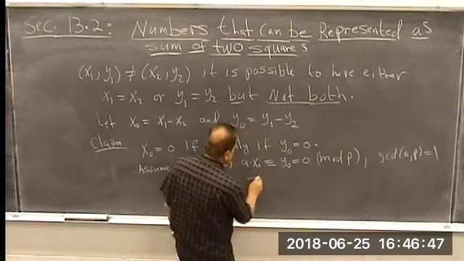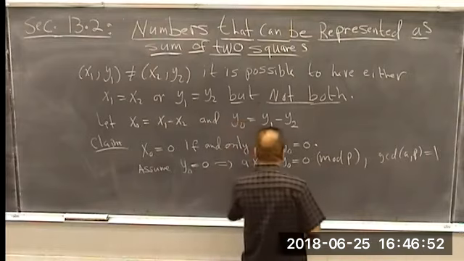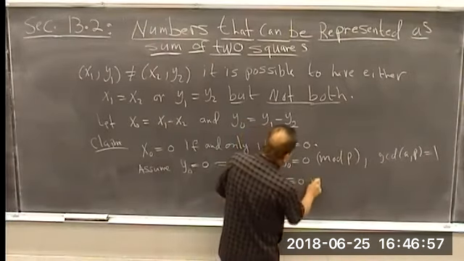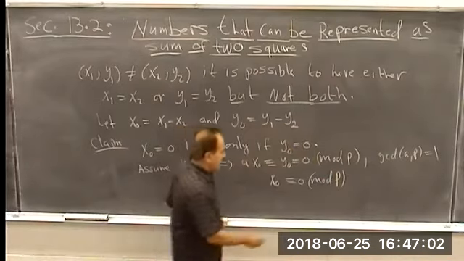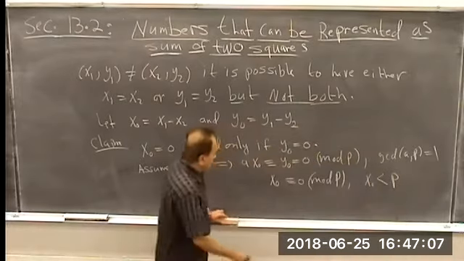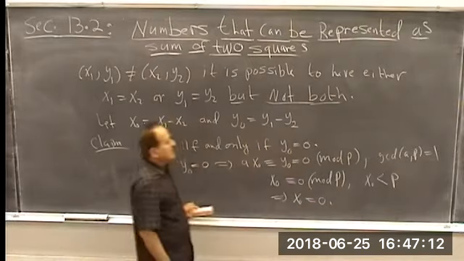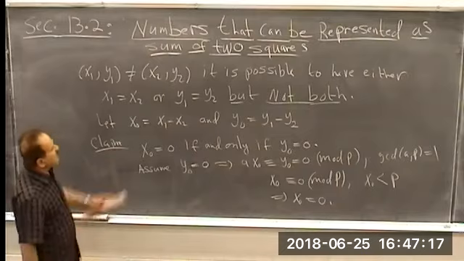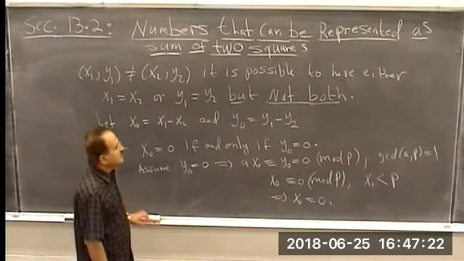So this implies x sub 0 is congruent to 0 mod p. And again, since x sub 0 is less than the square root, it makes x sub 0 must equal 0. So one equal to 0 implies the other equal to 0, meaning both of them are equal to 0 and make the two ordered pairs equal to each other, which we are assuming they are not.